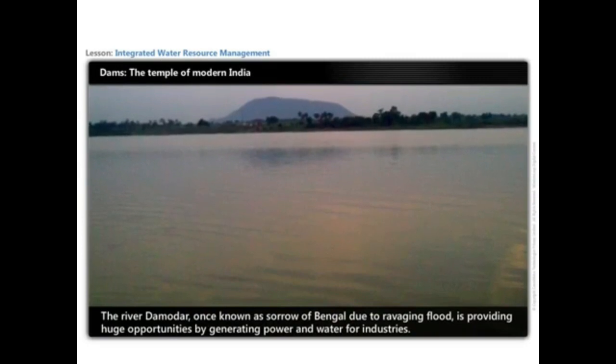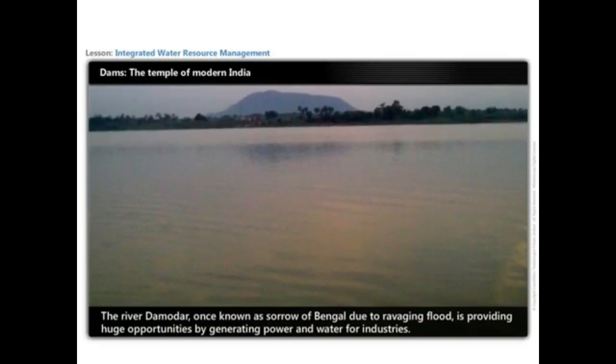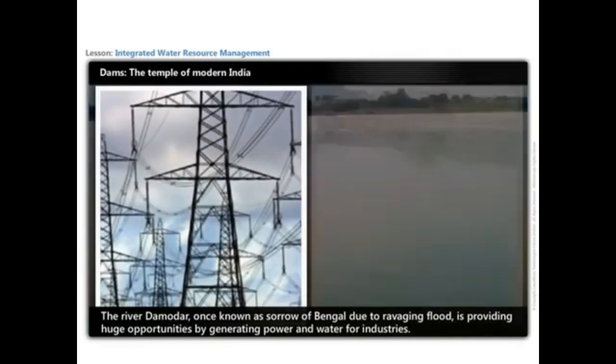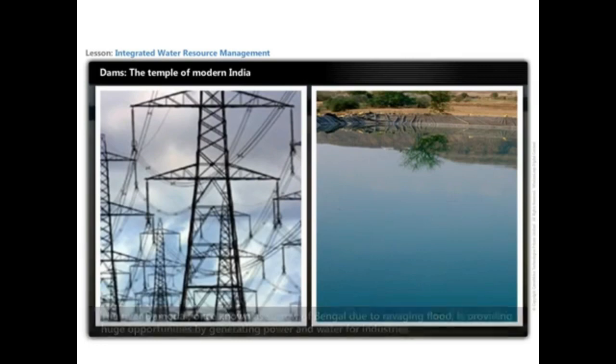The river Damodar, once known as Sorrow of Bengal due to ravaging floods, is providing huge opportunities by generating power and water for industries.